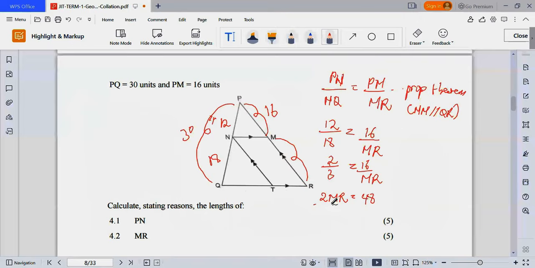If we divide both sides by 2, our MR is 24 units. So yes, that's how you calculate that one, guys. Okay, let's proceed.